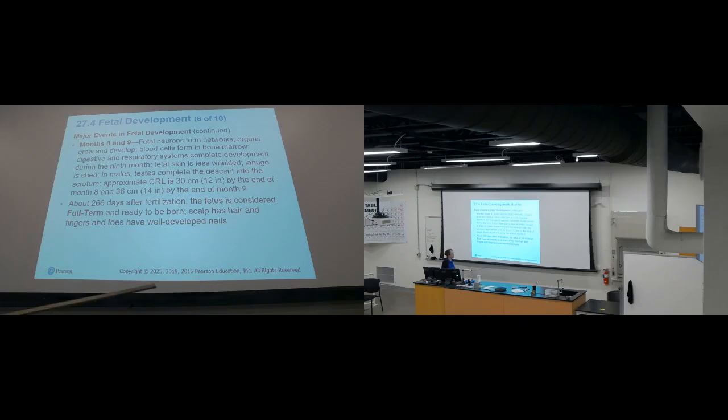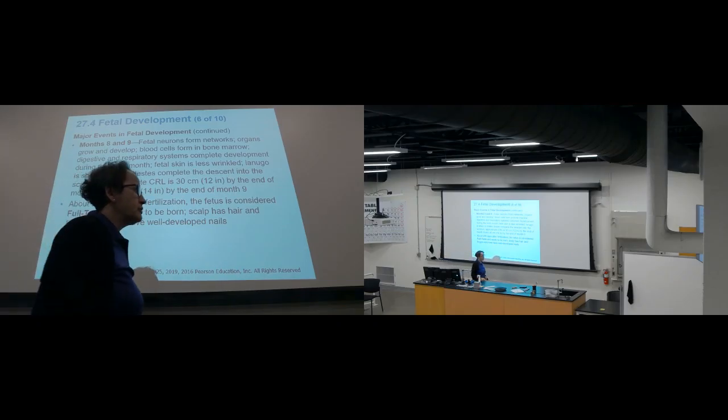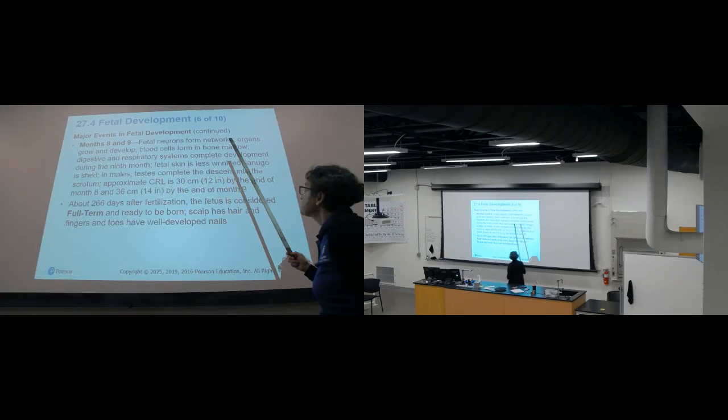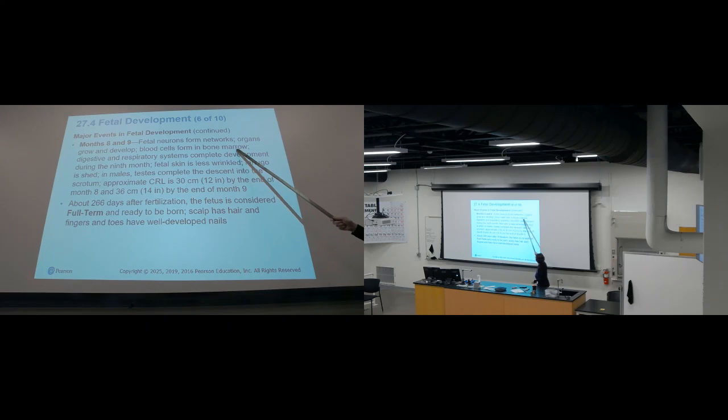Months 8 and 9. The neurons in the baby's nervous system start forming networks. The organs grow and develop. You have more production of the surfactant. Blood cells now start forming in the bone marrow, not in the yolk sac. The digestive and the respiratory systems complete their development during 9 months.